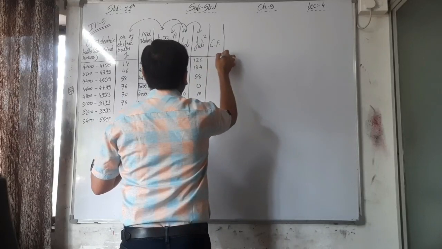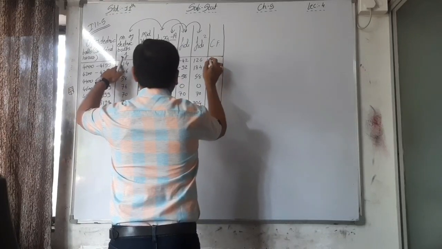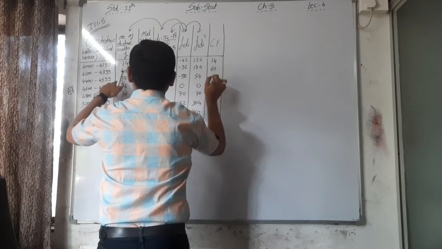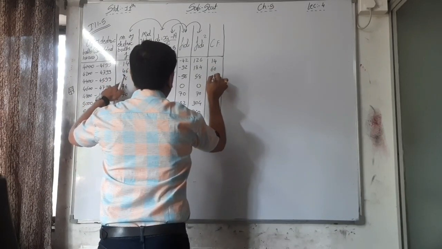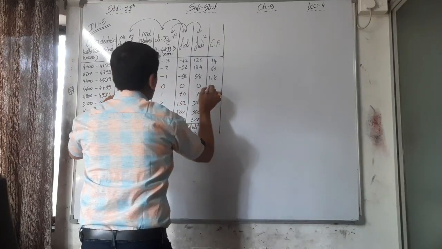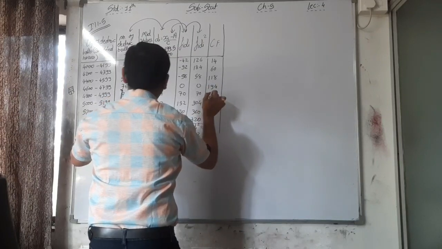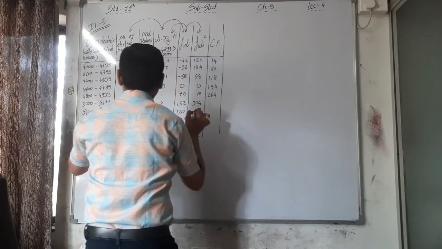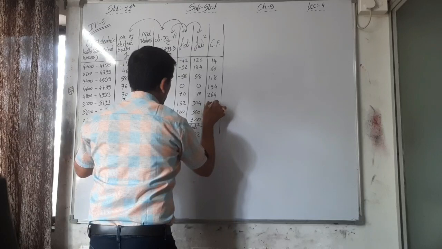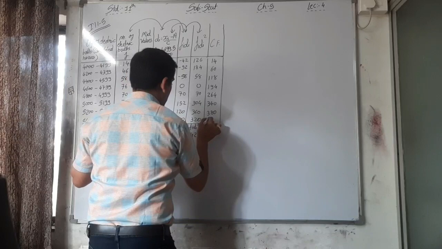In the frequency column: 14, 60, 118, 194, 264, 340, 380 and 400.